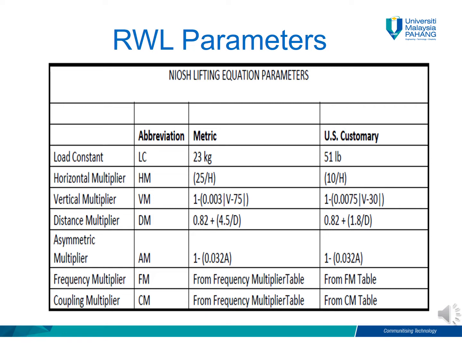Meaning that after we obtain the values of horizontal, vertical, distance, and asymmetry, we need to insert them in the calculation to obtain the parameter multipliers. Except for frequency and coupling, we will use a multiplier table. In the next slide, I will show you how to use that table.